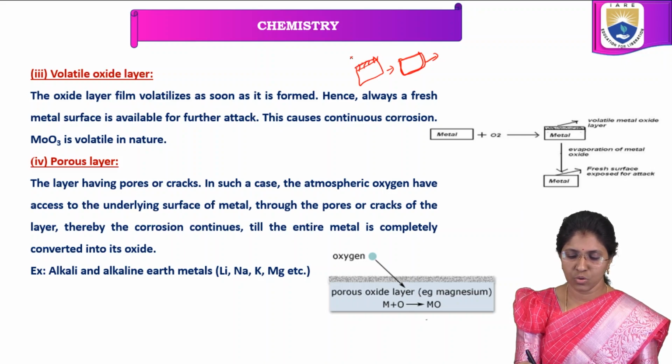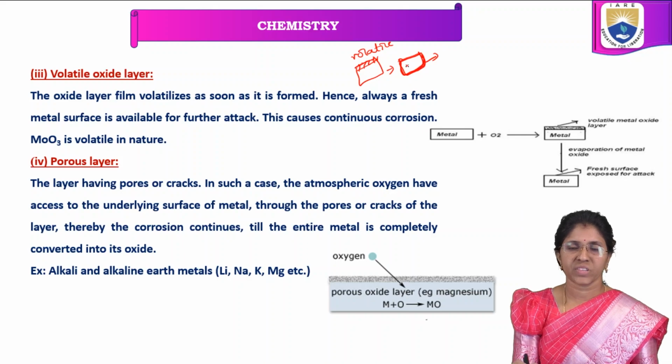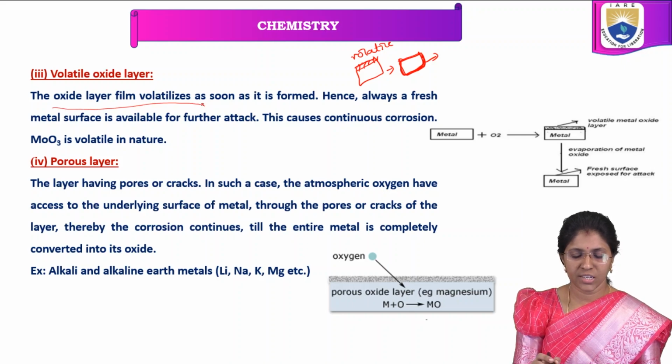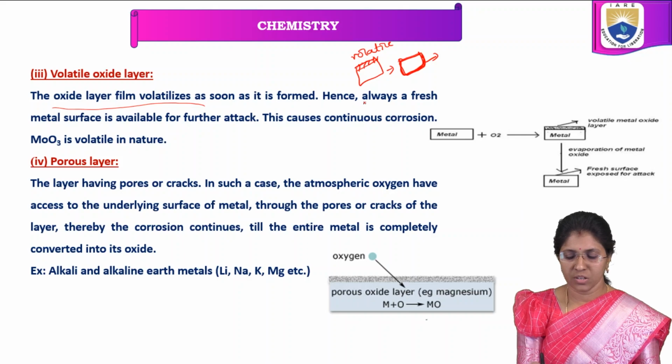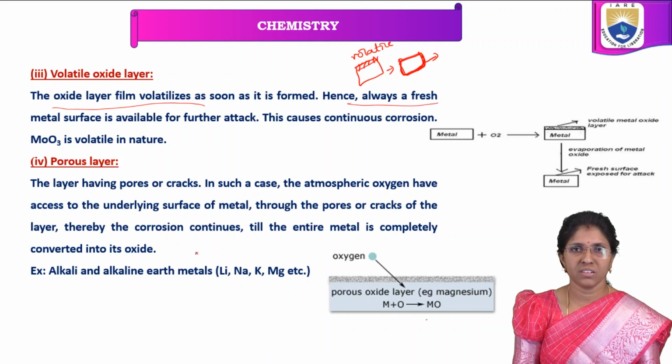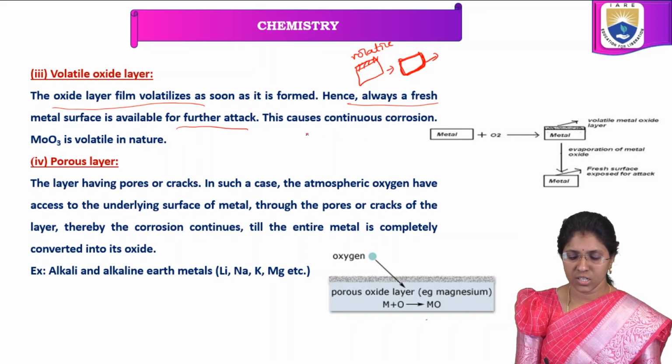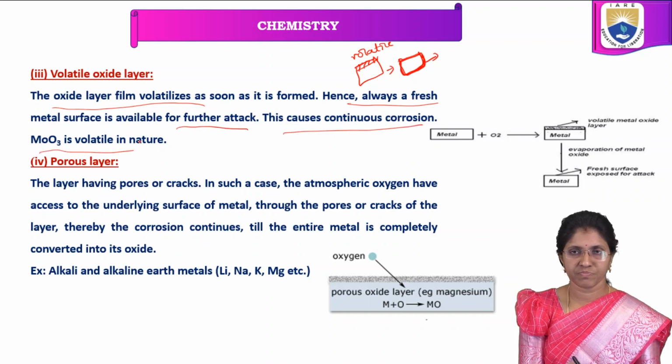The layer evaporates after forming metal oxide and gives a fresh surface to the environment, and again corrosion takes place. The oxide film volatilizes as soon as it is formed, hence a fresh metal surface is always available for further attack. This causes continuous corrosion.